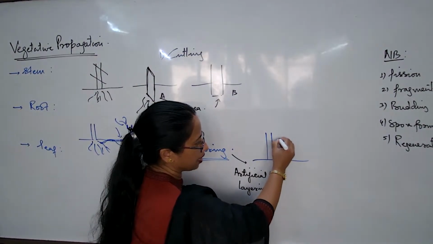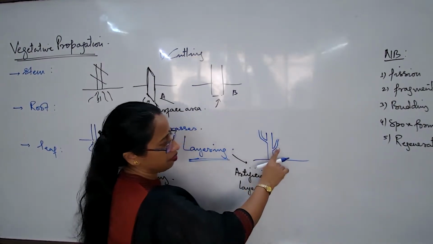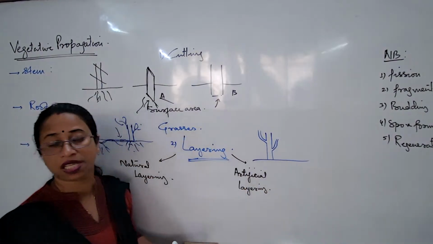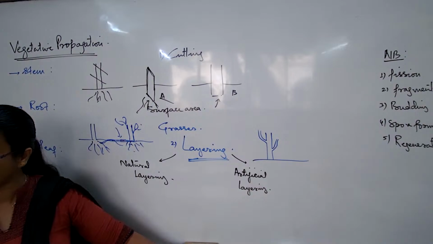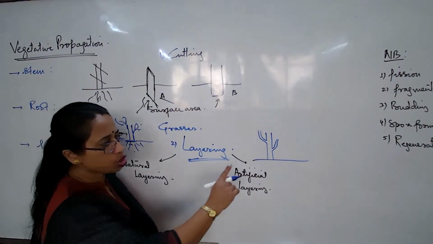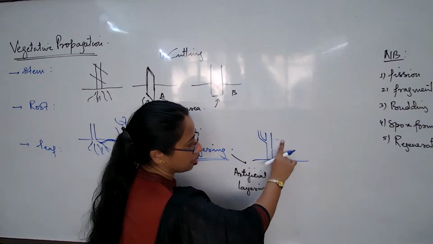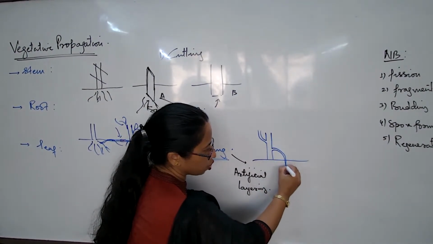Before the branches are absolutely mature and the outer layer becomes thick and firm, these branches are always bent towards the soil.